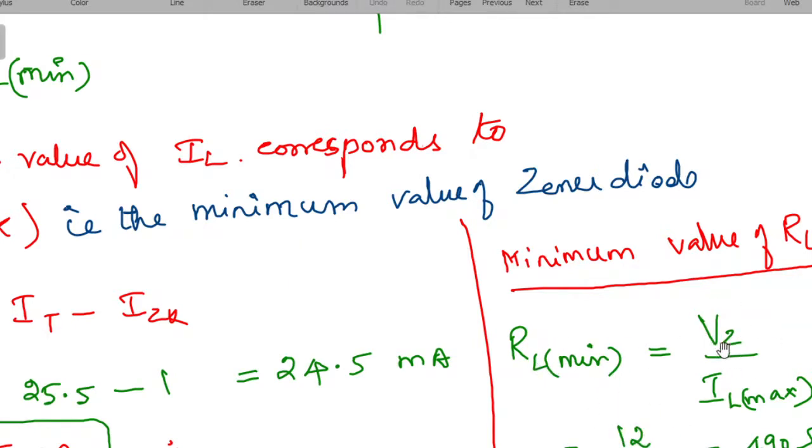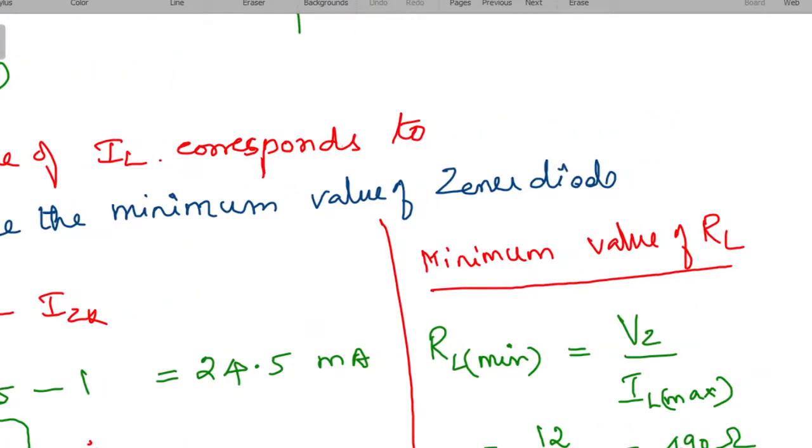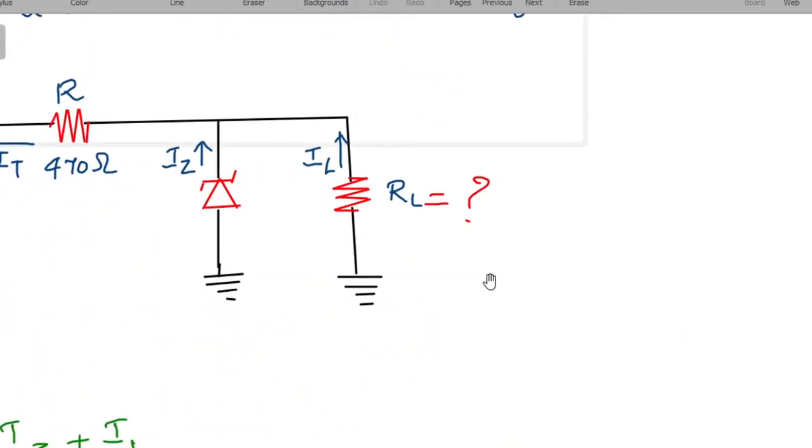VZ is given as usual, we know it is 12. IL maximum we have found as 24.5. If you substitute these two, we will get 490 ohms. So the value we have got is 490 ohms. Okay, so this is the answer.